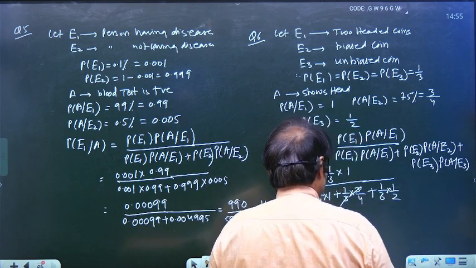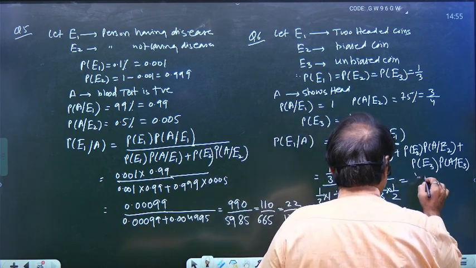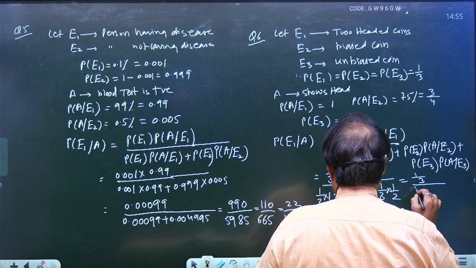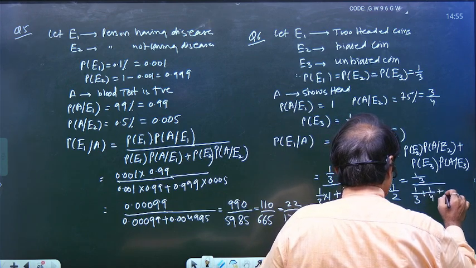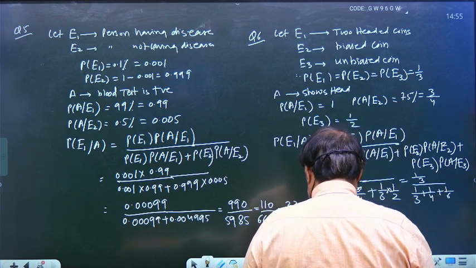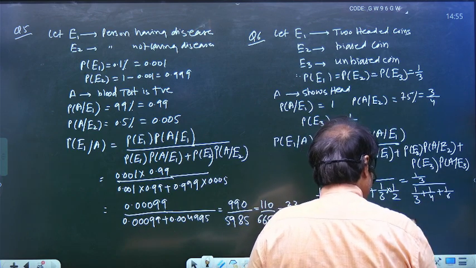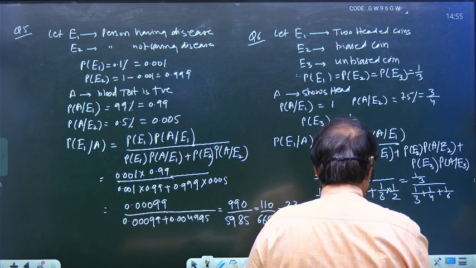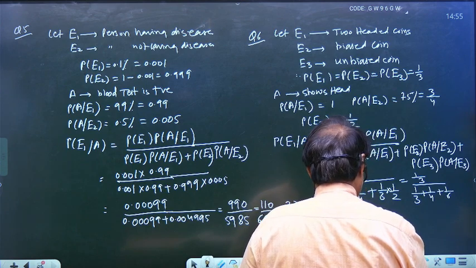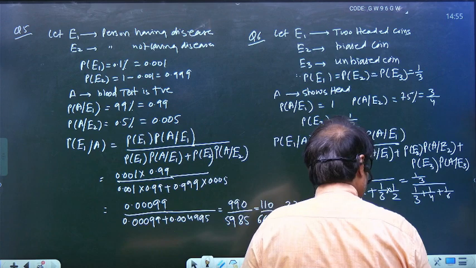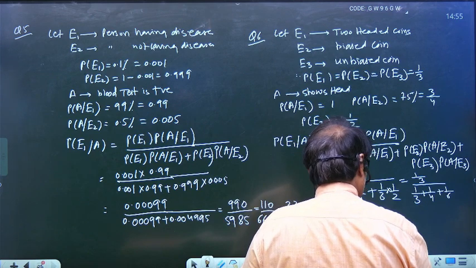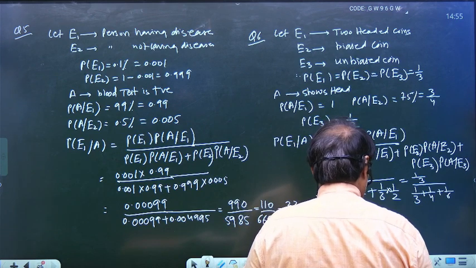This 3 and 3 cancel. So now what is left? 1 by 3 divided by 1 by 3 plus 1 by 4 plus 1 by 6. This is left. So now take the LCM and proceed. The LCM of 3, 4, 6 will be 12. So 3 4s are 12, 4 3s are 12, 6 2s are 12.